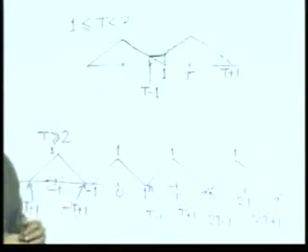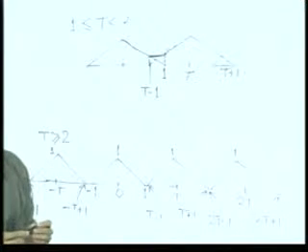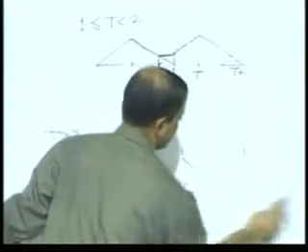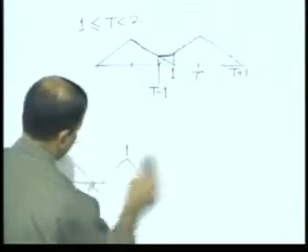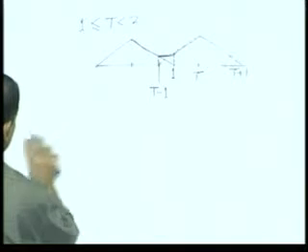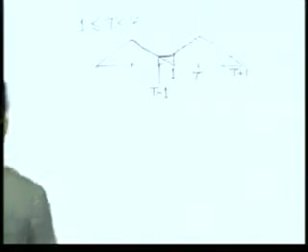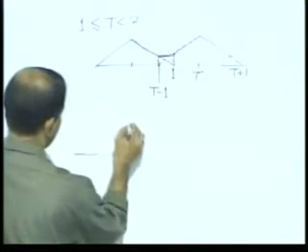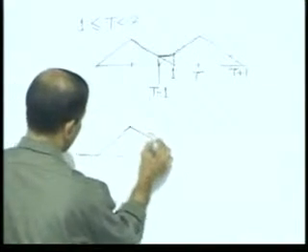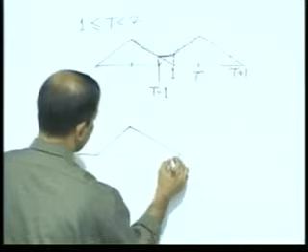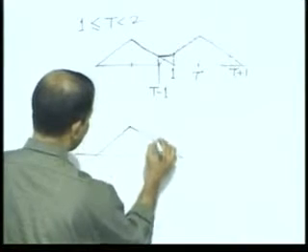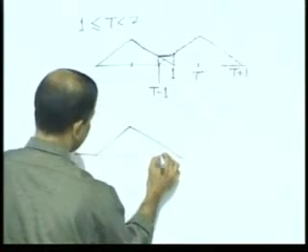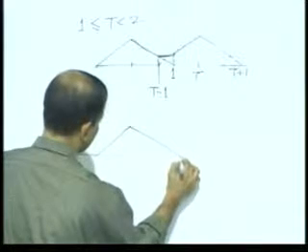Now what will happen when t is less than 1 again? If t is less than 1, the situation is like this. We have this, shifted by t, so it's somewhere here. So t is less than 1.